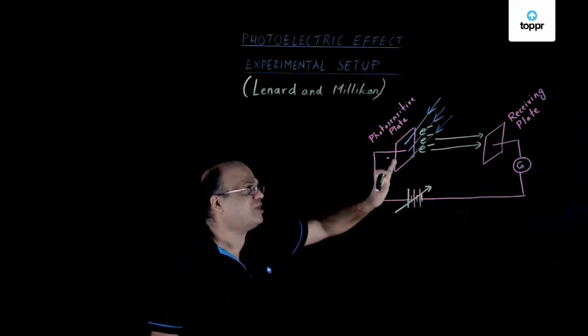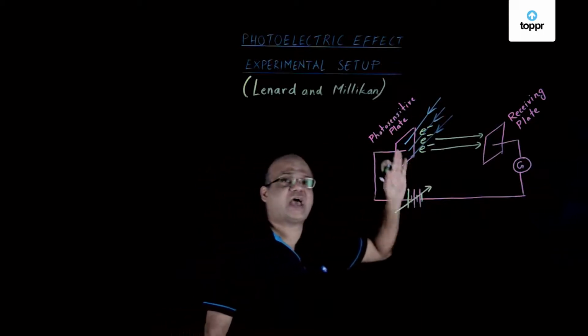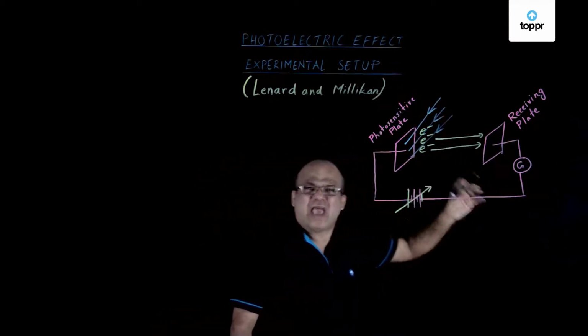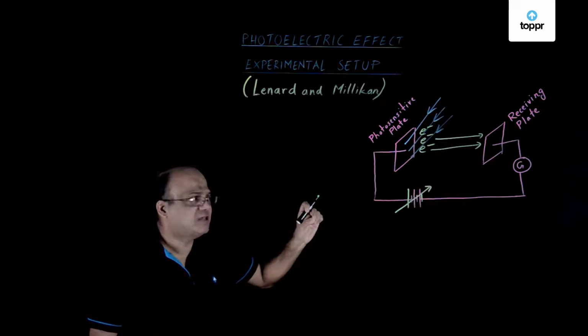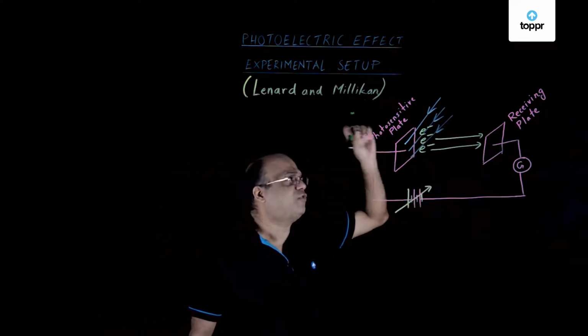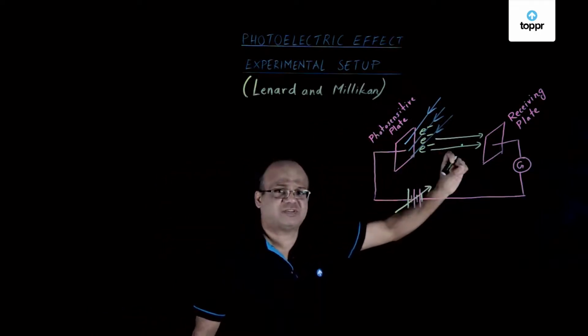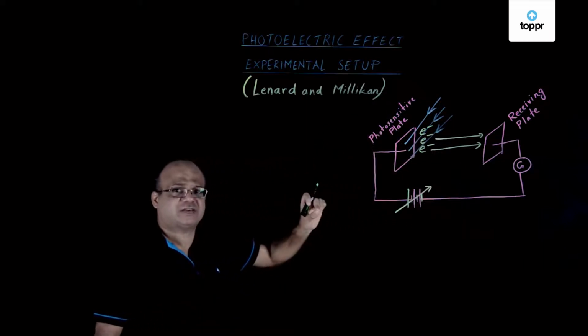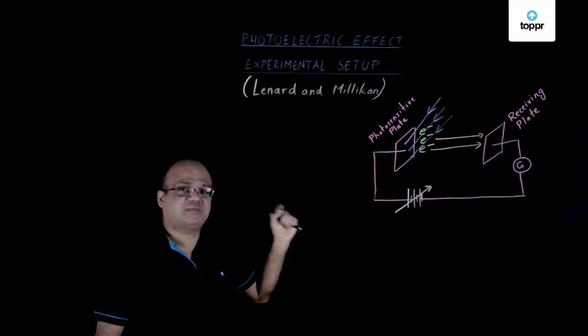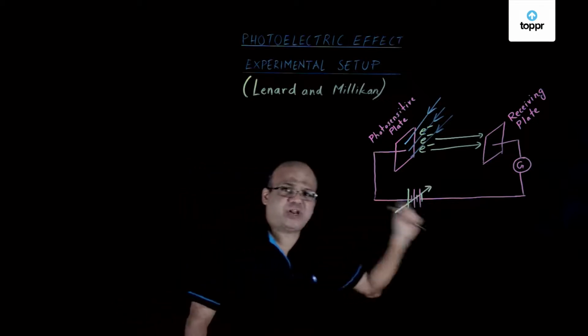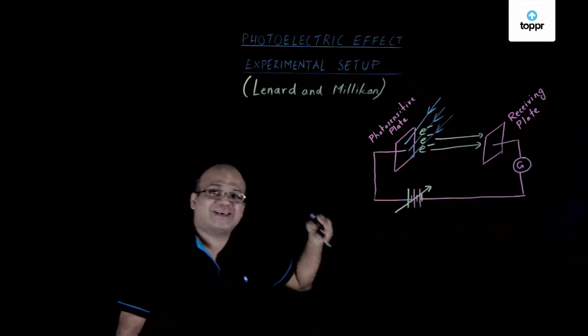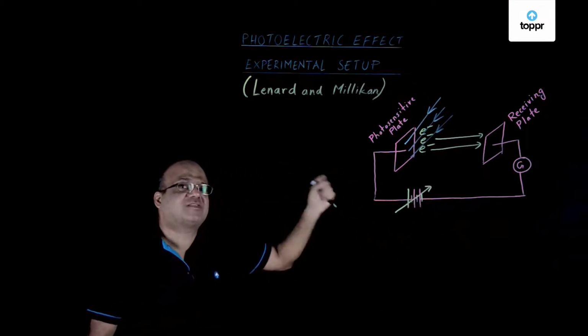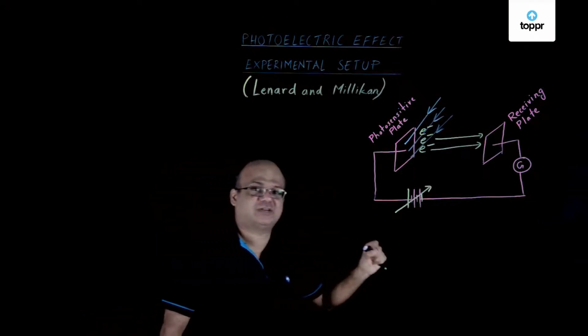At some negative potential, even the most energetic photoelectrons will not reach the receiving plate and current will become zero. The negative potential at which the current just becomes zero is called stopping potential.